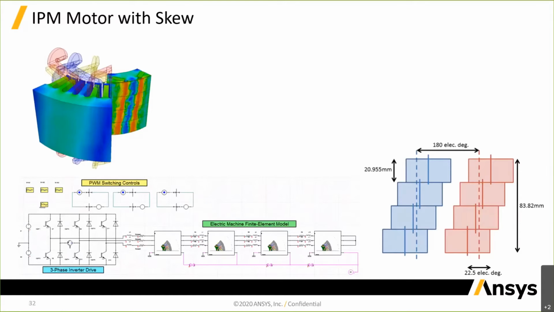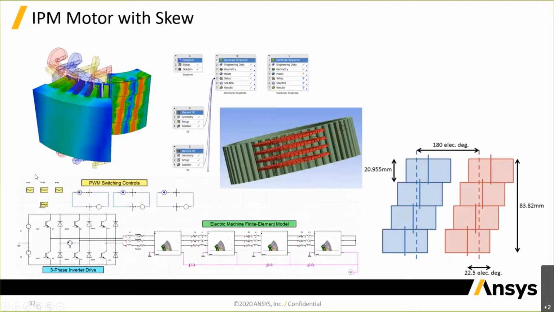We can look at cases where maybe there's PWM switching currents connected between the motor and the drive. So we can solve this motor, whether it's a multi-slice skew model, or maybe it's an equivalent circuit model with skew included, or it's a full 3D motor model connected to the electric drive.